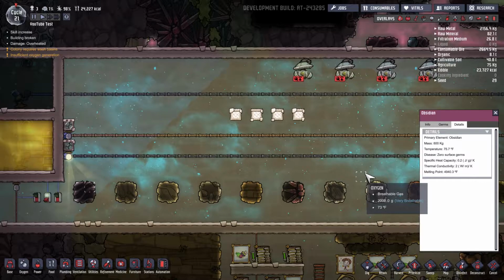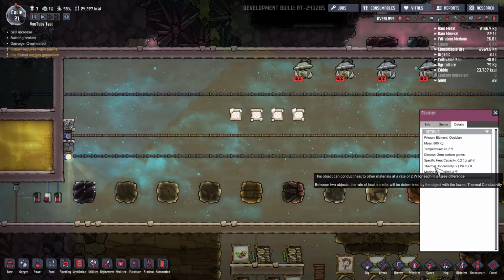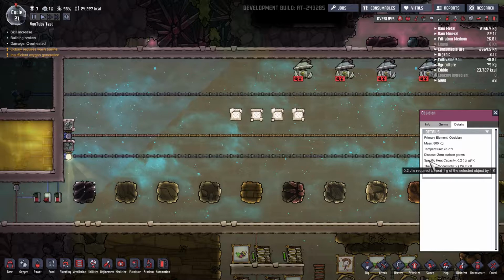Thermal conductivity is the property of the material to conduct heat. The higher the thermal conductivity, the better the heat transfer. The higher the specific heat, the more heat is required to change the temperature by 1 degree.